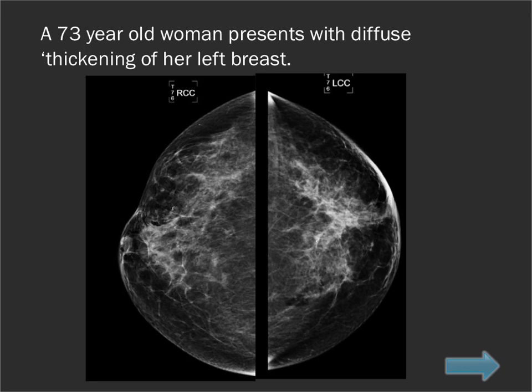And one final case here, this is an older lady who presented with a diffuse thickening of her breast, no focal palpable mass, and you can see on the mammogram here, there's some pretty subtle asymmetry between the two sides, maybe a little bit of skin thickening, maybe a little bit of nipple withdrawal here.